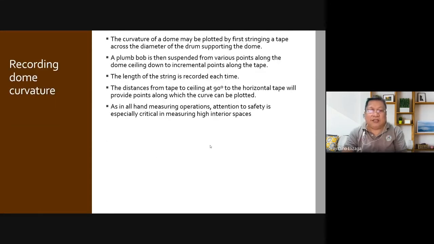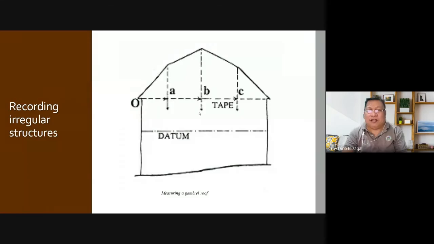So this next one can be best described here. So well, this is like a mansard roof. Okay, so you have these points here. You drop them. You have this ceiling, this tape here, which is your main reference. Okay, so you measure. So imagine this to be a dome. Okay, I wanted to make a drawing earlier, but it's so complicated doing that in computer.